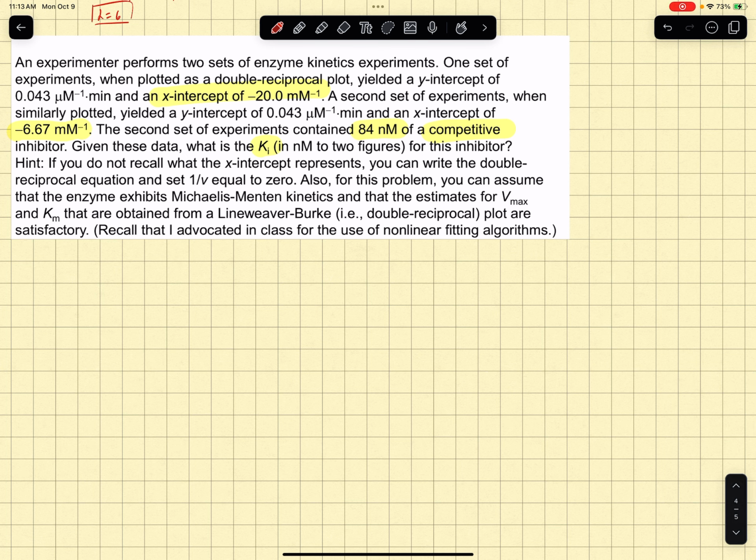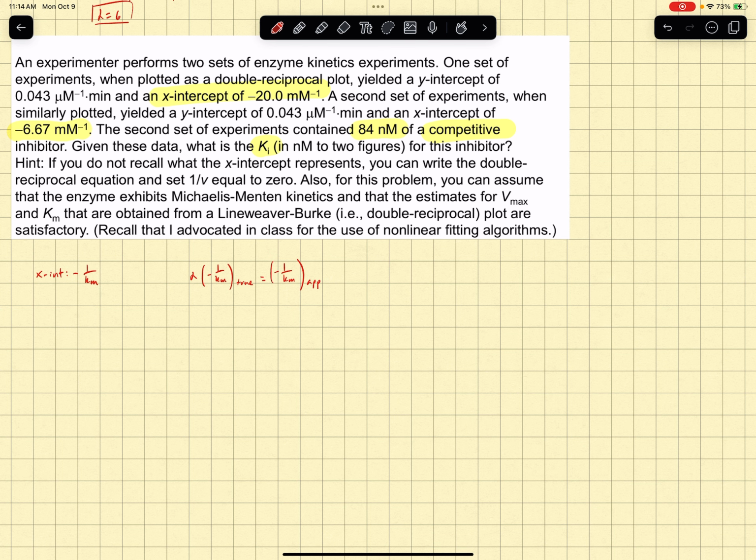So the x-intercept is going to be equal to -1 over Km normally. What happens in this case is that we've got some alpha times -1 over Km. This is the true value. That's going to give us -1 over Km that we observe, the apparent value.